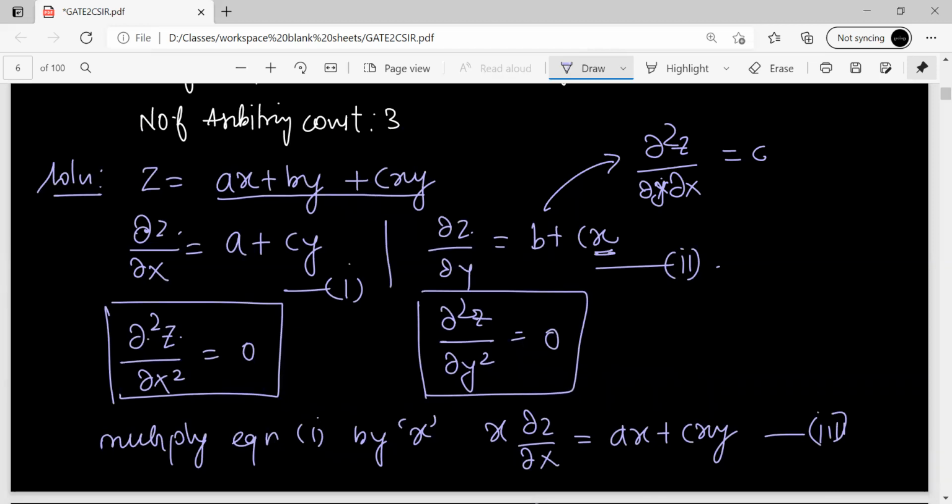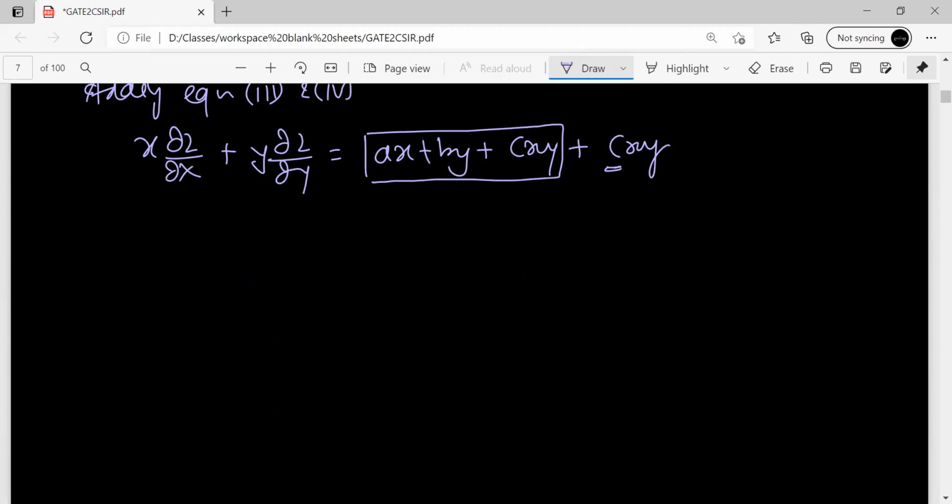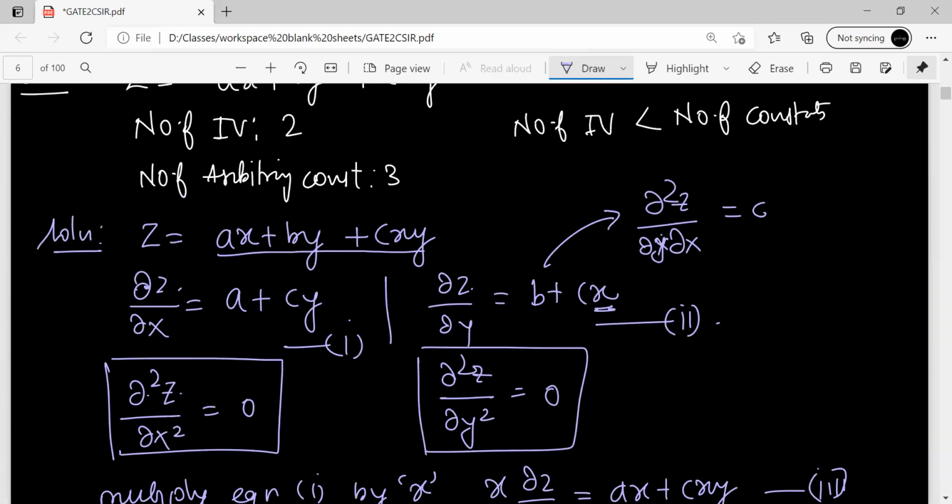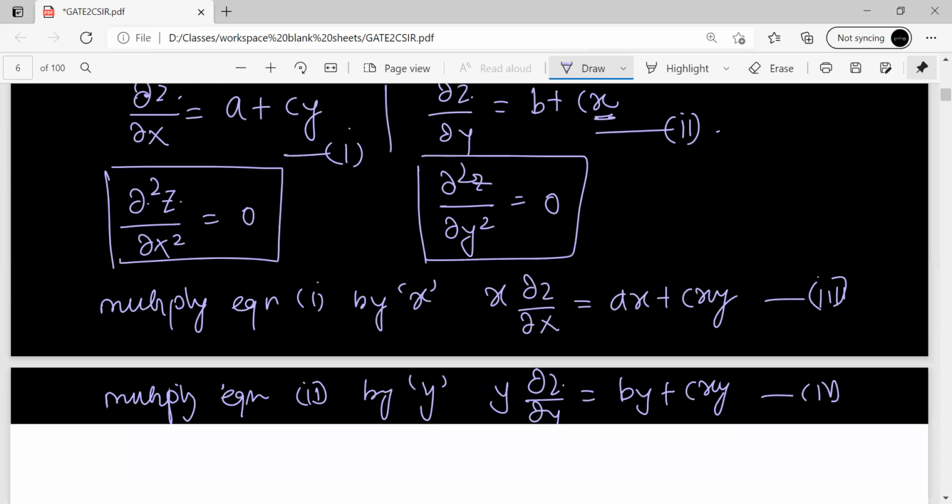I'll resubstitute this c into this equation, and I'll be getting x del z over del x plus y del z over del y, and this is my equation originally. I got z from here, and instead of c, I'll write down this because I have to remove the constant.